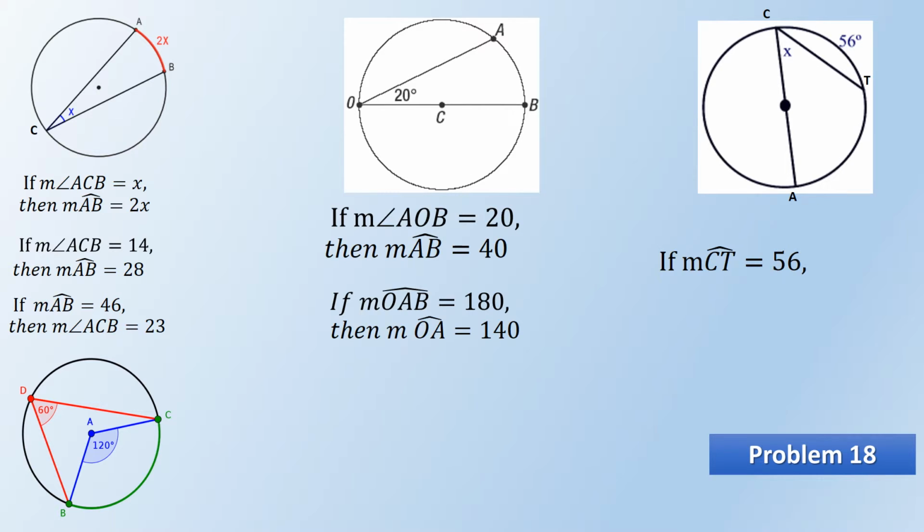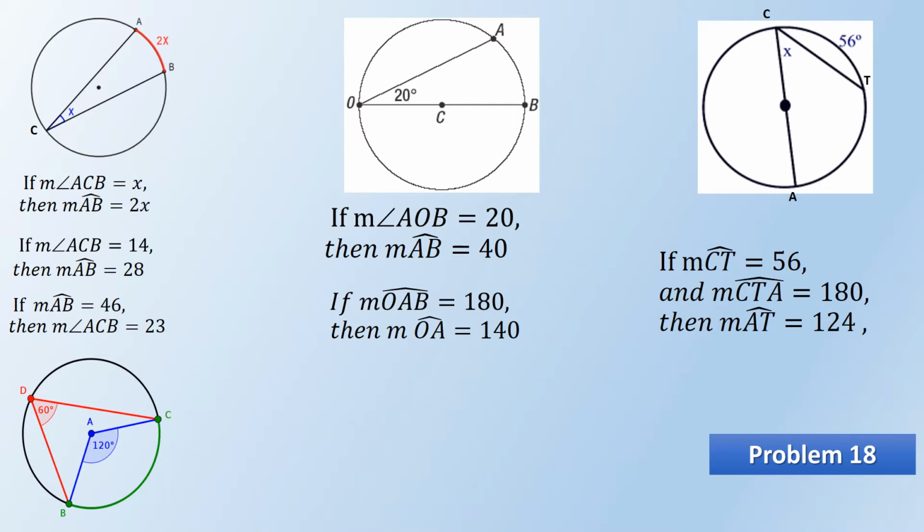First of all, if the measure of arc CT is 56, wait a minute, we have the diameter. We know that the measure of arc CTA is 180. We should be able to find the measure of arc AT, and yes we can. We just have to take 180 and subtract 56, and what do we get? 124.